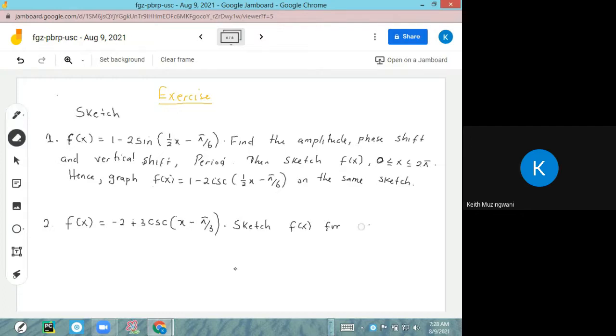This one I wanted to start it from pi over 3.